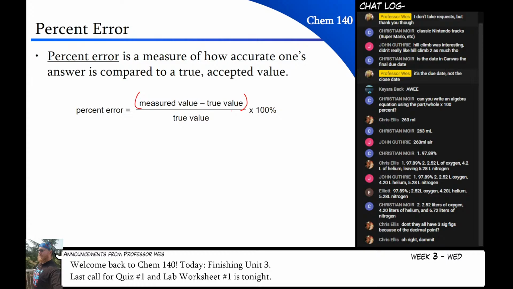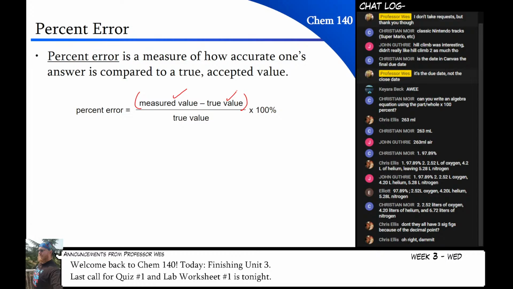What percentage is that 0.2 feet of the correct thing? That would be my percent error. Because I'm taking whatever percentage the error is. If I have it exactly right, then these two numbers equal each other. When I subtract them, I get 0, and I have 0% error. Okay?